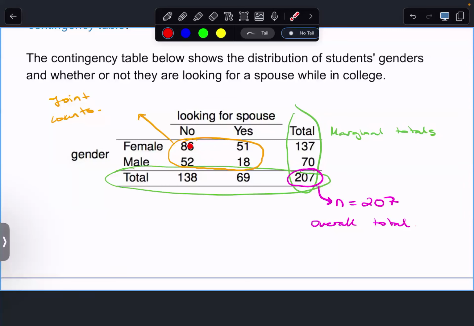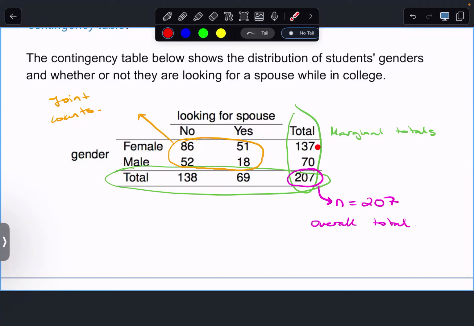From this, we can make the extension later that the probability of randomly sampling a female who is not looking for a spouse while in college, very specific, is 86 divided by 207. That's where we're going to take it, but for now, we're just looking at this table.